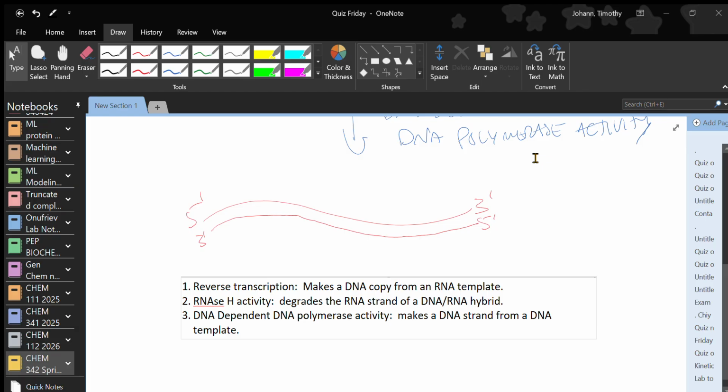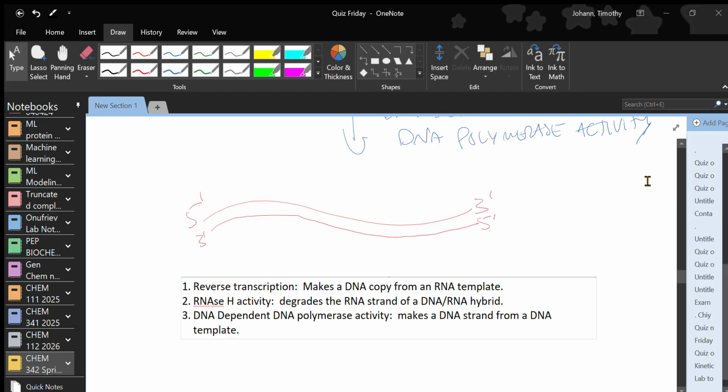If we had the old Flash video of the replication complex and all the different enzymes involved, one of them was an RNase H. It may have to do with what was happening there. I don't know if they were being cute, but it was kind of H-shaped. But H for hybrid, could be H for hybrid, yeah. That's actually a good idea. I like that too.